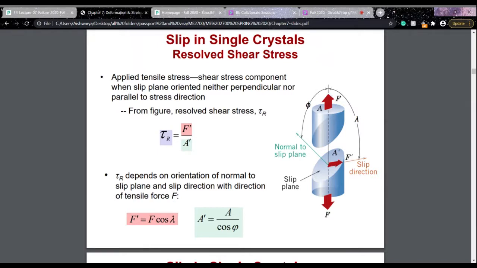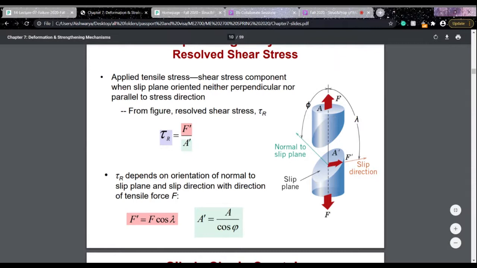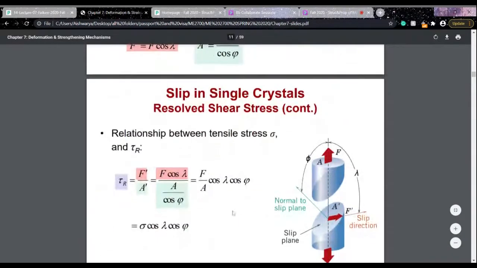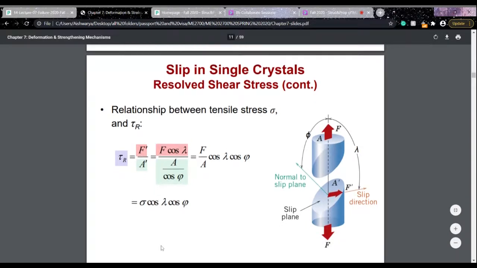The resolved shear stress is given by F over A, force over cross-sectional area. When we resolve the force along this direction, it is F cos lambda, and the area is A over cos phi. Plugging this in, you can write the equation for the resolved shear stress as F over A times cos lambda cos phi, where F over A is the applied stress. You can write it as sigma times cos lambda cos phi.